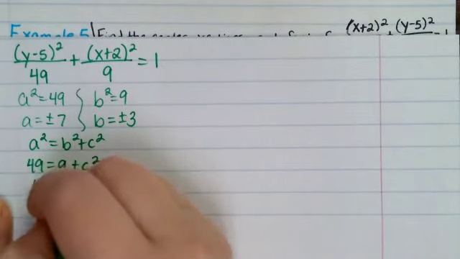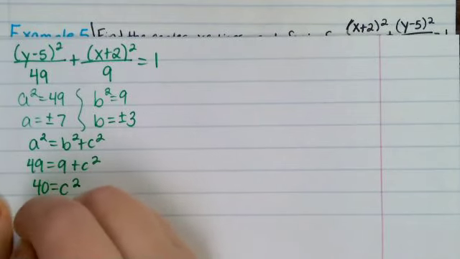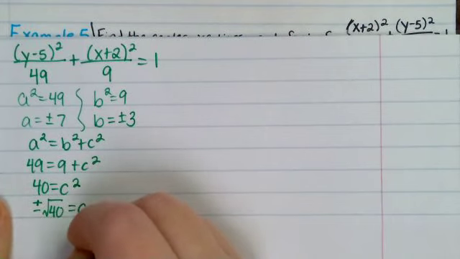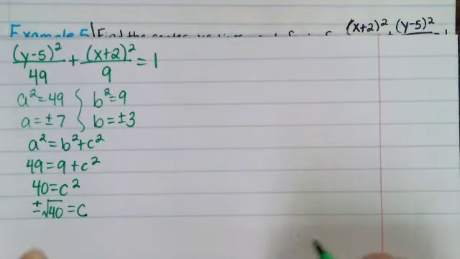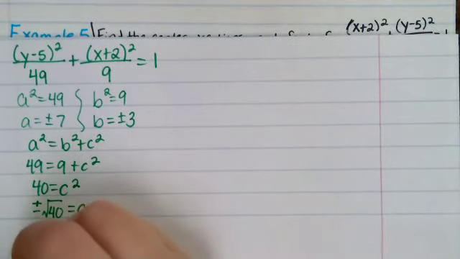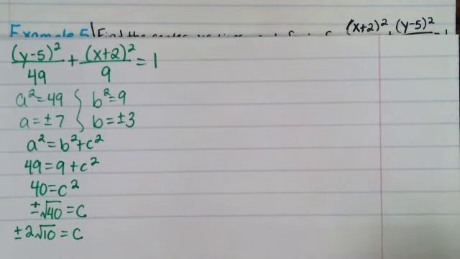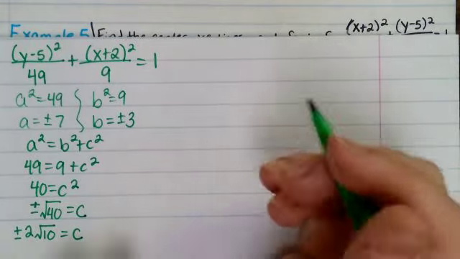That's 40 equals C squared. Square root of 40 is what we're looking at for C, which I can simplify to be 2 root 10 for that C. Okay, so right there, I've got C. I know that took a little bit of mathing to do, but we got it.